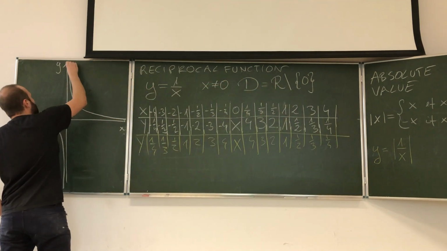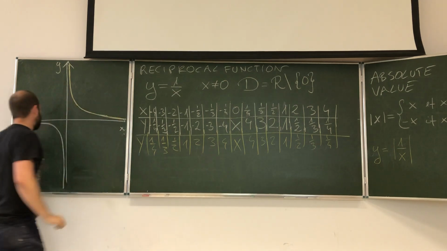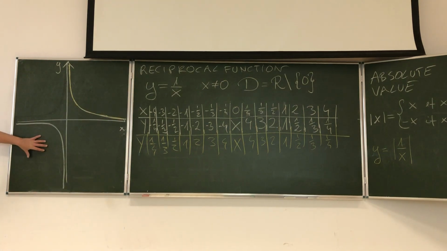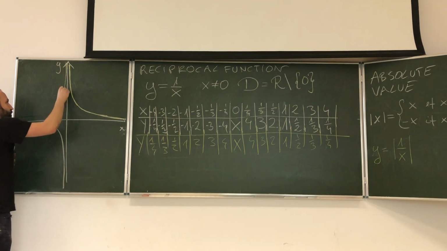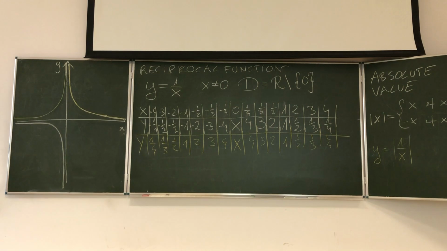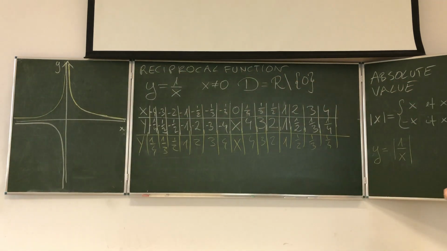So we can color over it because this part is not changing. But all the negative numbers are becoming positive. So the new function looks like that. Okay. So this transformation wasn't that problematic.